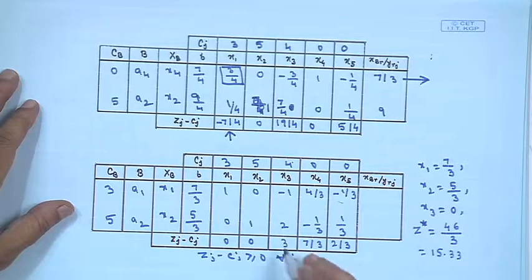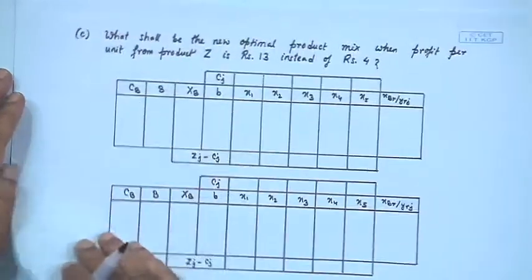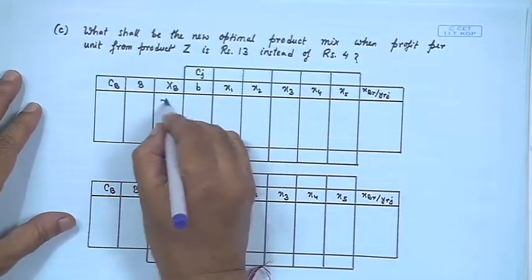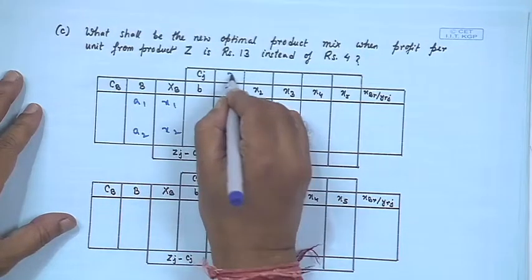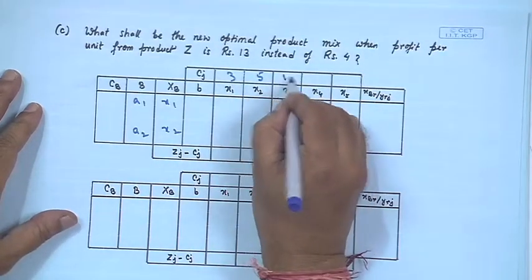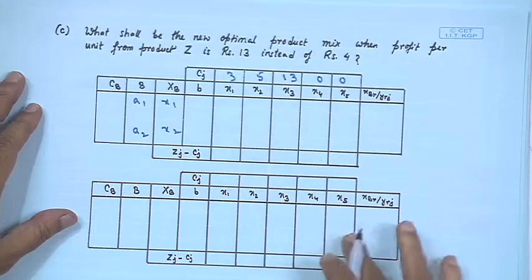Basically, on this we have shown the value is becoming minus 6. If I write it quickly, the last solution, your B is x1, x2, a1, a2. This value 35 has been changed to 13 from 4. Please note this one.